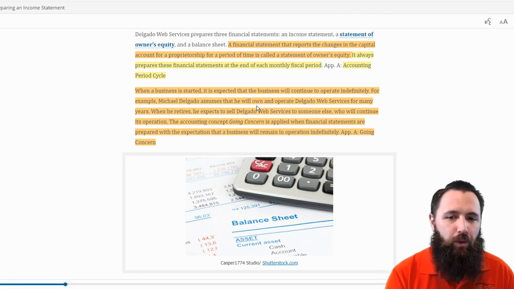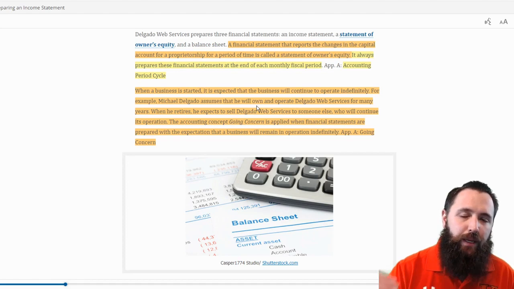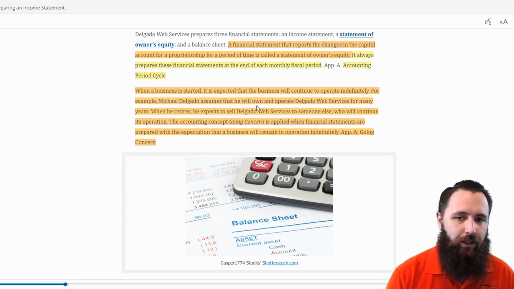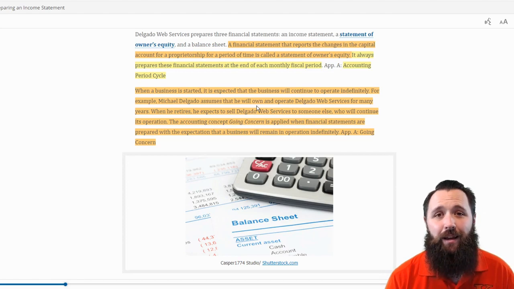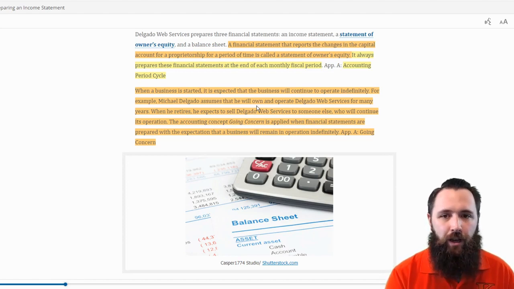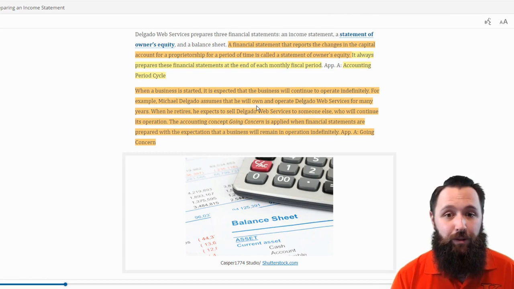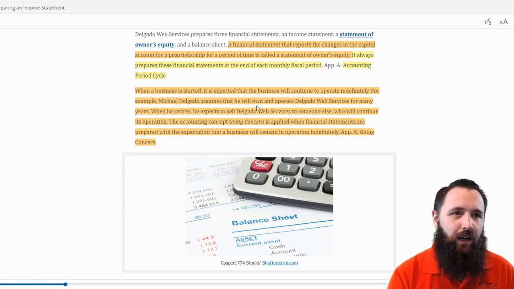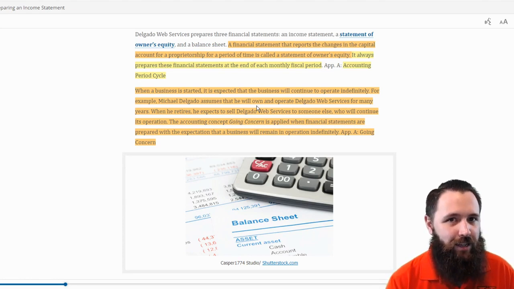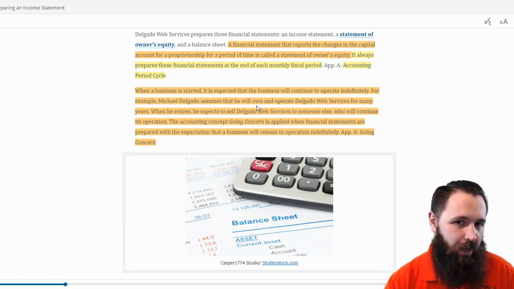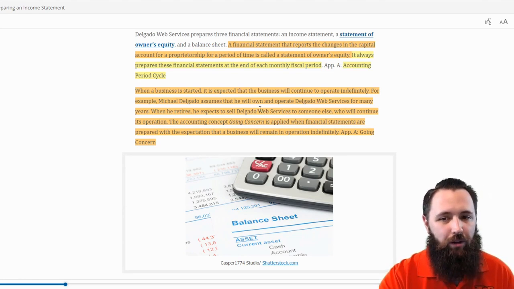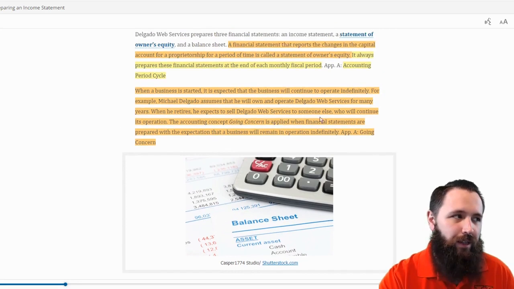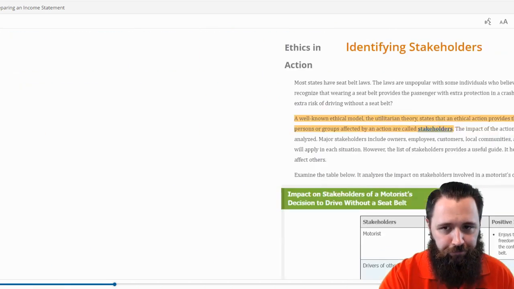So it pretty much says that there's an expectation that the business is going to continue to run indefinitely, meaning Mr. Delgado does not plan on shutting down the business next year, because if that was the case, he could be messing with the numbers a little bit, or he could be building up the business to then make an exit, and all your external stakeholders or internal stakeholders probably wouldn't be very happy about that. So that's what it's called. It's called a going concern.